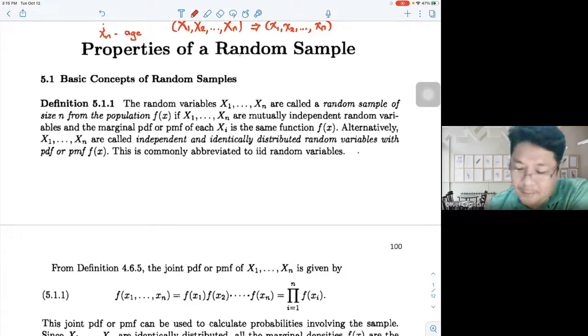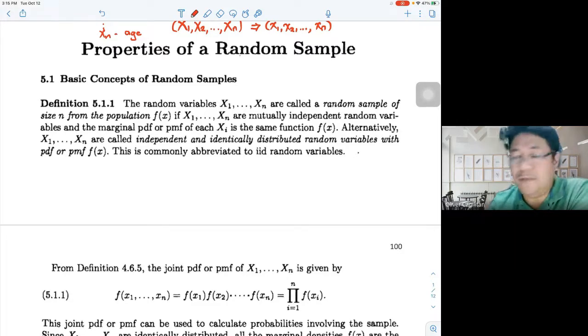Alternatively, these random variables X sub 1 up to X sub n are called independent and identically distributed random variables with PDF or PMF f of x. This is commonly abbreviated as IID random variables. By the way, there are things that you need to know for this Definition 5.1.1.